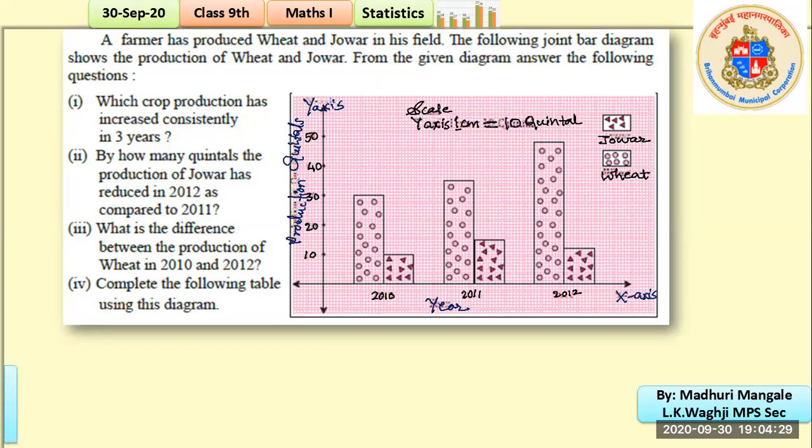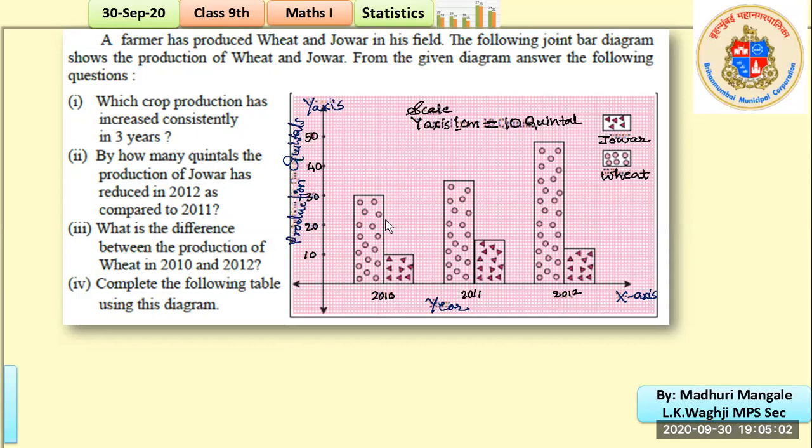Before we begin, let us look at a problem on graph reading. Here the question is, a farmer has produced wheat and jowar in his field. The following joint bar diagram shows the production of wheat and jowar. From the given diagram, we have to answer the following questions. Now, before we begin with the questions, the question is, which crop production has increased consistently in 3 years?